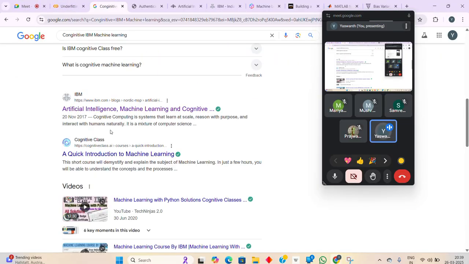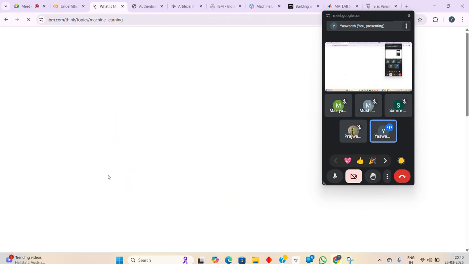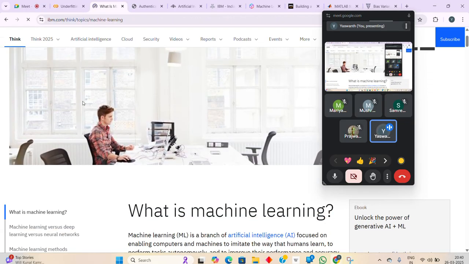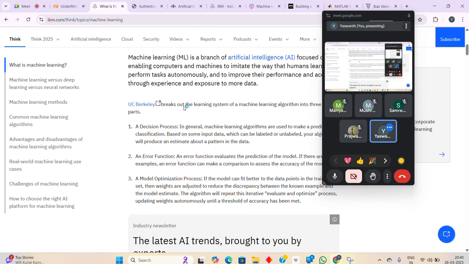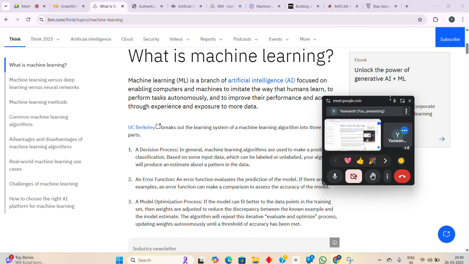So there are many ways for those who really want to learn out of the box and focus on different materials and different use cases.